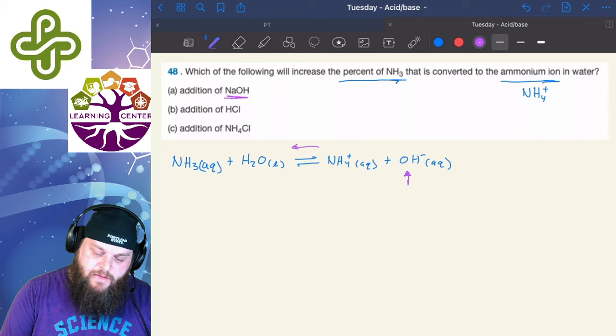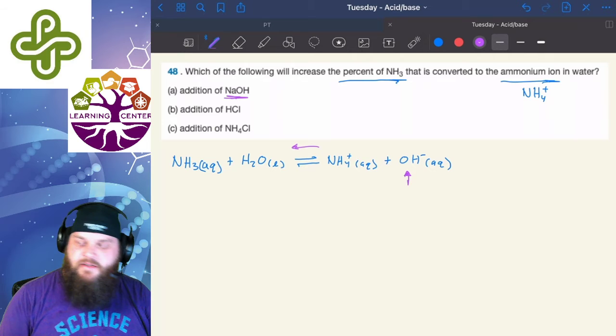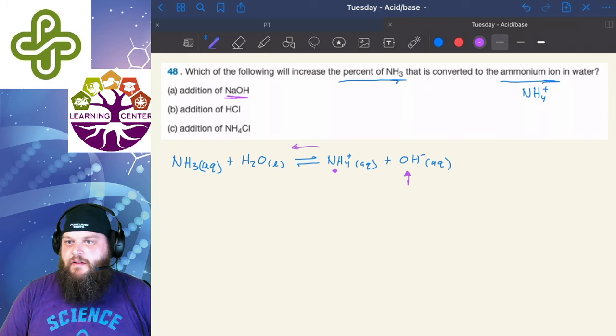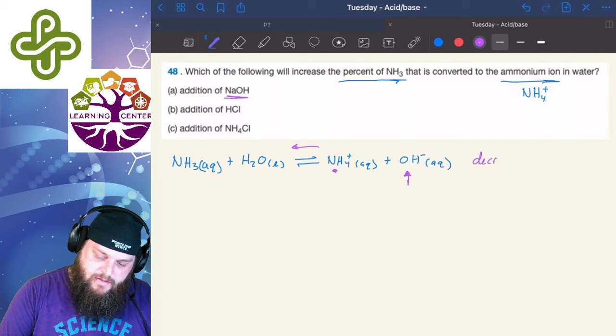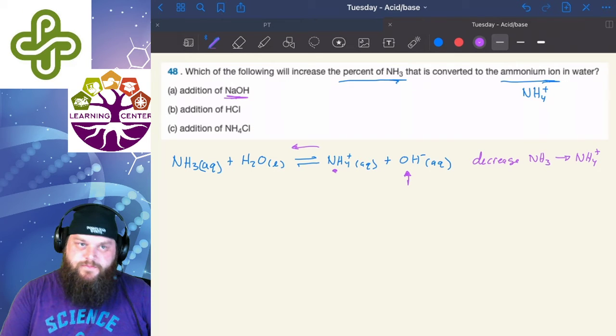So by increasing the hydroxide concentration, we're going to reduce the production of NH4 plus, driving it to less. So that's going to decrease the NH3 to NH4 plus production.